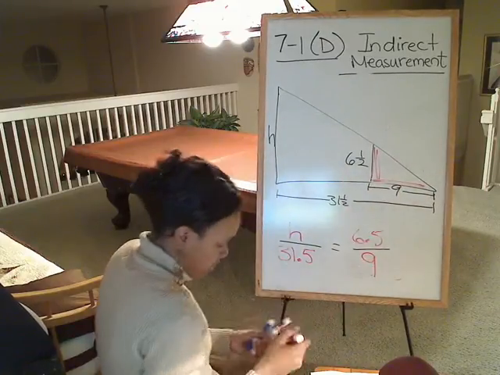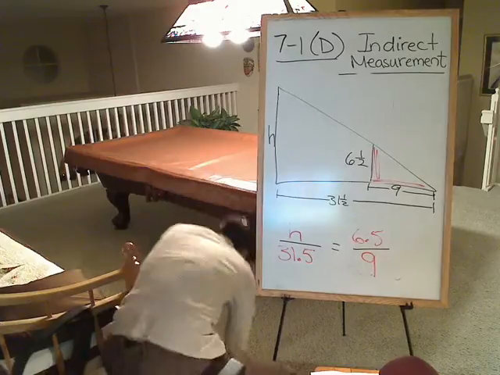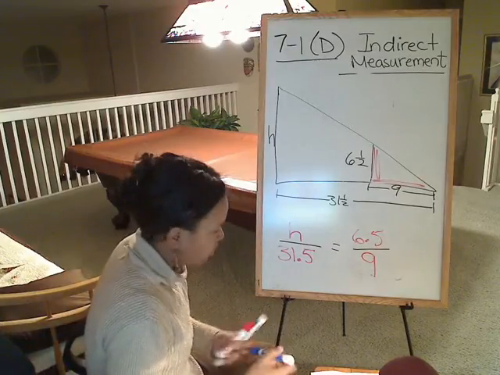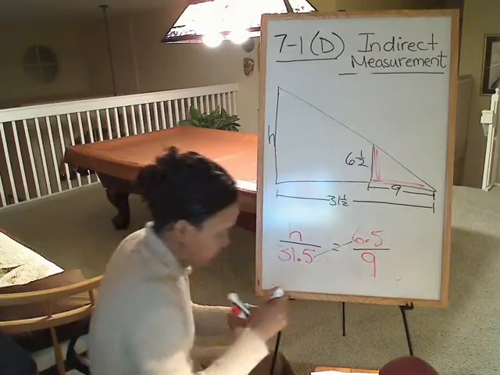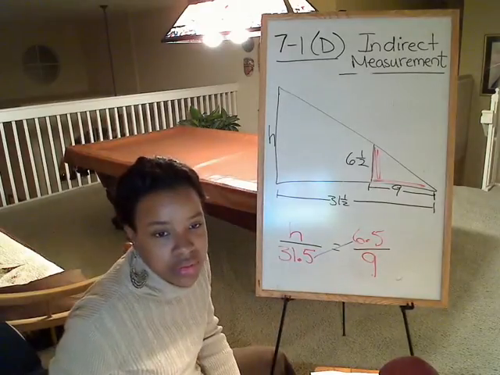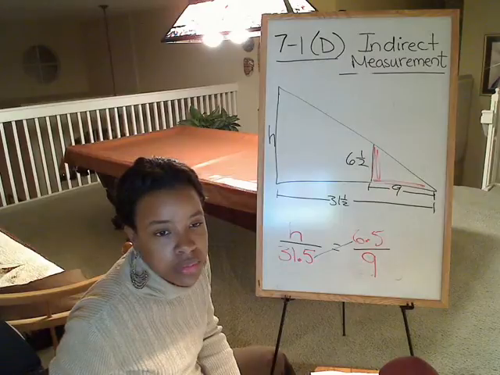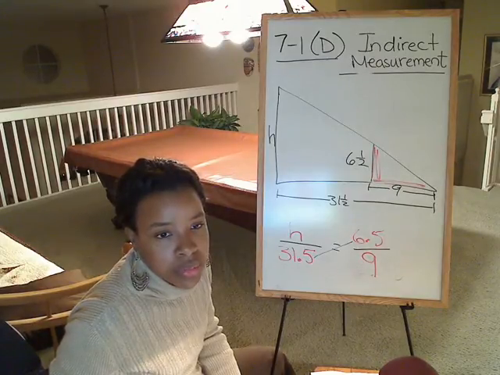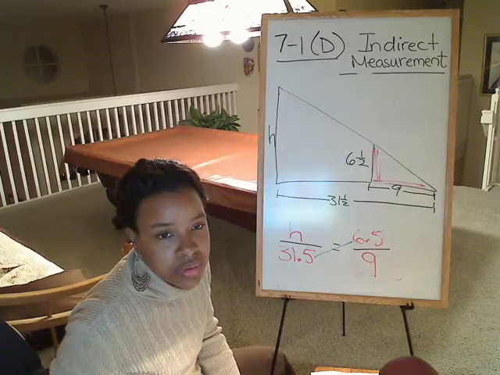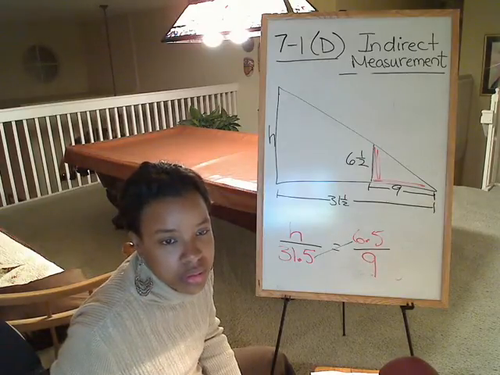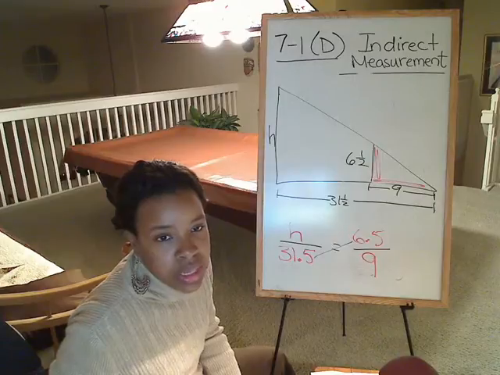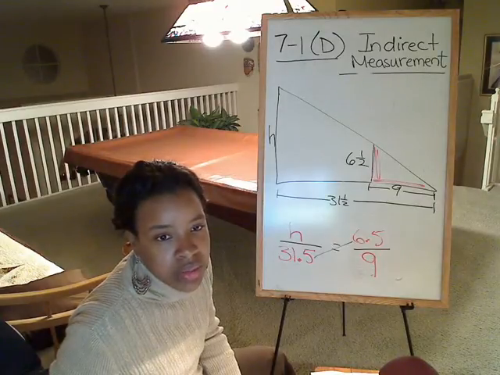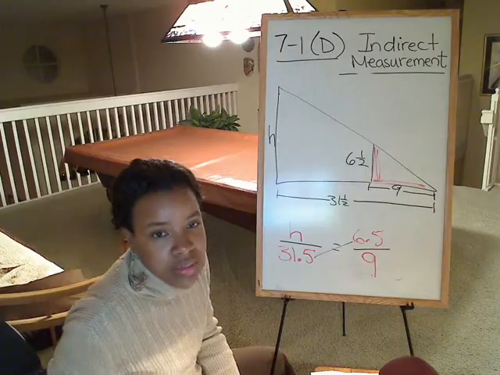Okay, so all I'm going to do is cross multiply 31.5 times 6.5, and then divided by 9.